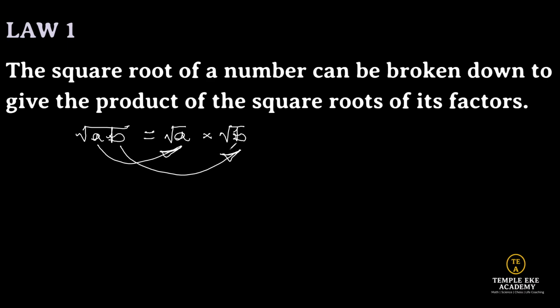But in problem solving, we actually have to break this up in a special technique. It is best to break the number into the greatest perfect square, the largest perfect square, and another number.